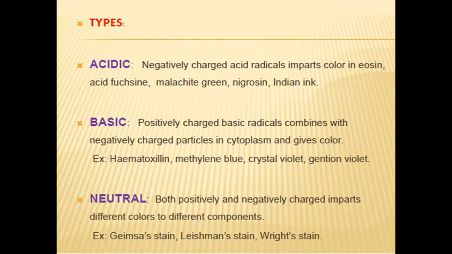For example, Giemsa stain, Leishman stain and Wright stain. So this is actually the classification of stains or dyes. I think you understand the classification of stain: acidic, basic and neutral.